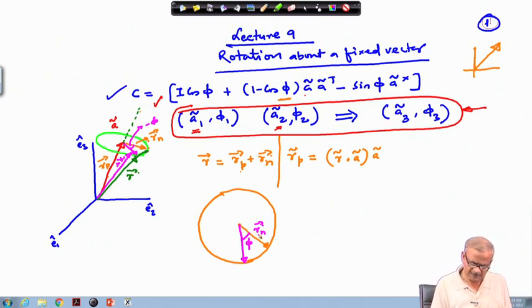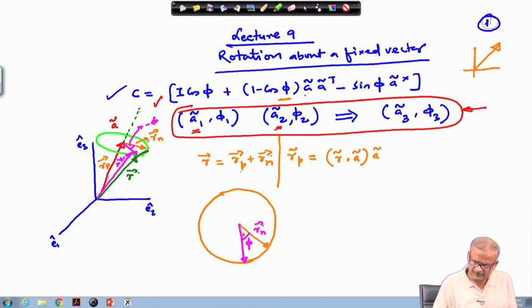Now, a few things we can observe: the a vector is along this direction, and the r vector is along this direction. Now a cross r, in which direction is it going to lie? A is along this direction and r is along this direction. If you put this r from this point, you will see that a cross r will be perpendicular to both a and r.